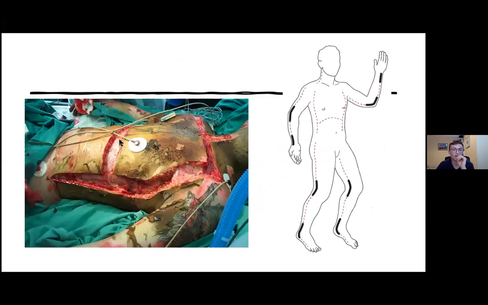Yeah, no problem. So he's got quite extensive burns to his chest and neck up here, which look like they're probably full thickness, I think, from the discoloration, the leathery texture to it. So when you get skin burnt to this extent, it becomes leathery and hard and doesn't stretch as normal.